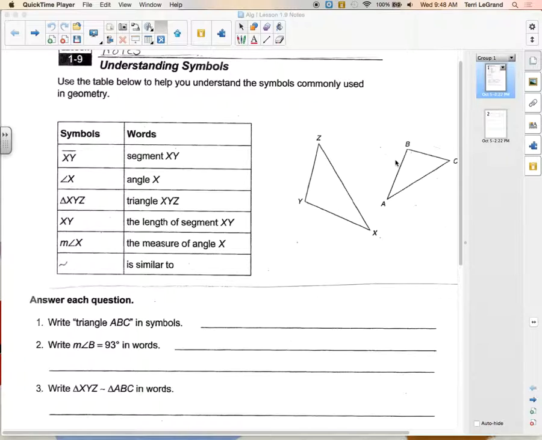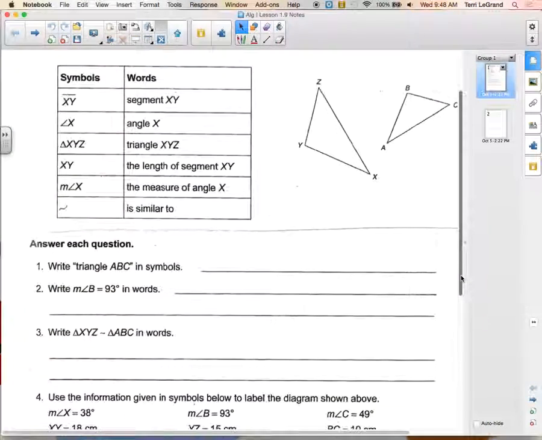So first of all, let's just make sure that we understand geometry symbols. What do they mean when they show it? We have some symbols in this table, and it's showing us which words correspond with those symbols. When we have a line segment over two letters, they're saying that is the segment XY.